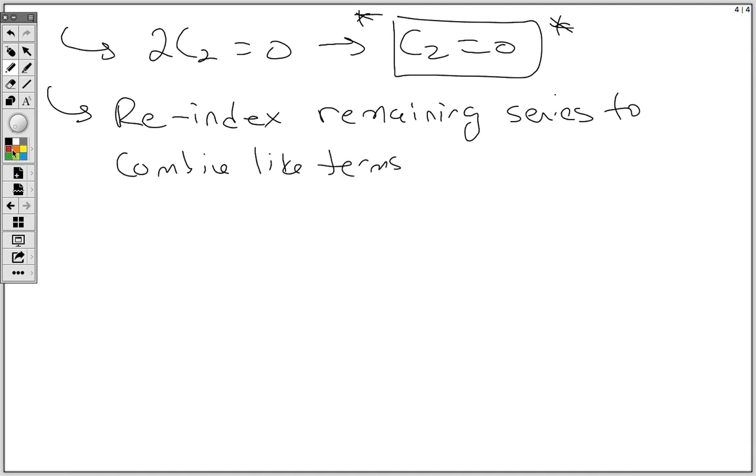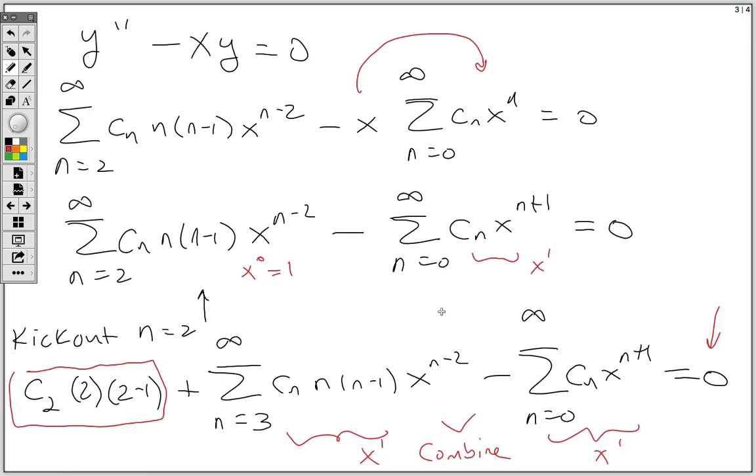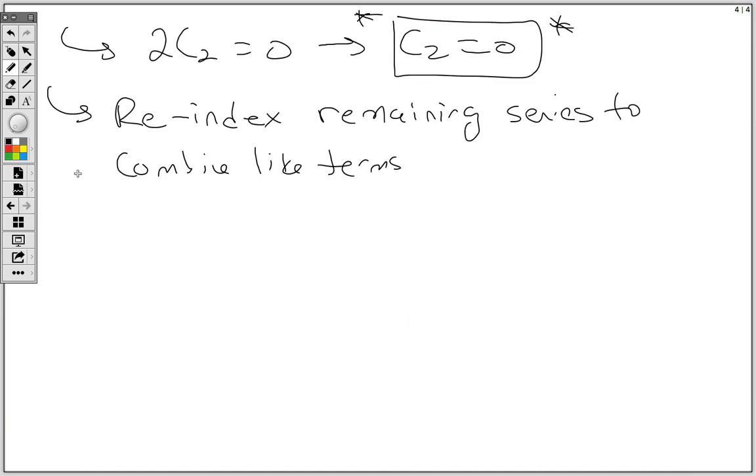And so this is what I do. For me, this is the easiest thing. The way we're going to know if they're like terms or not is if they have the same exponent. So I'm just going to relabel k to be the exponent on each of these. So let's look at this first sum.